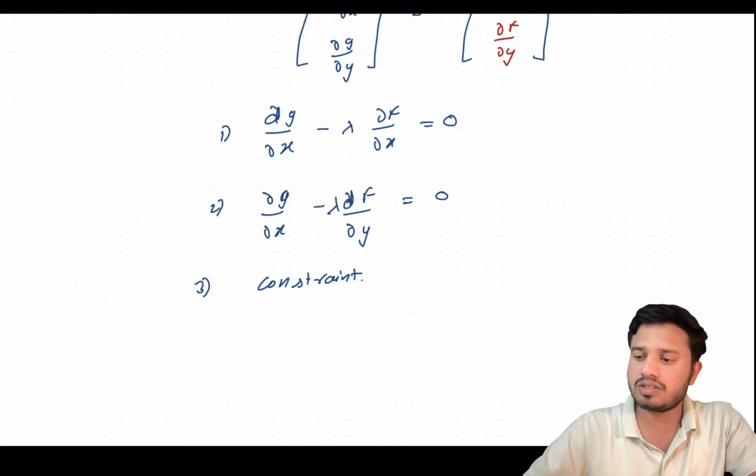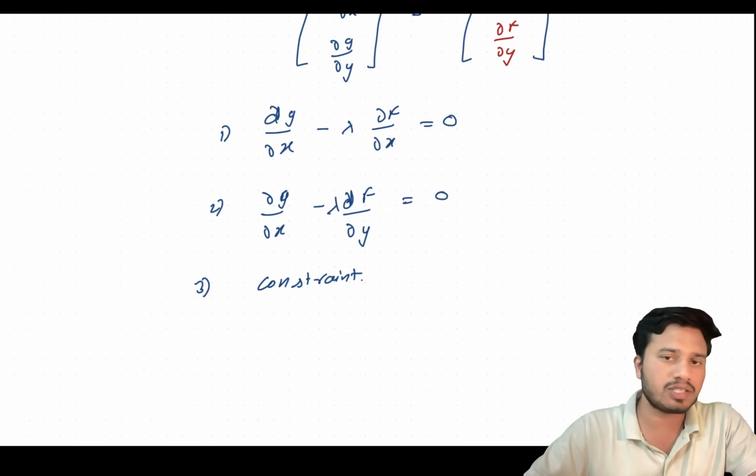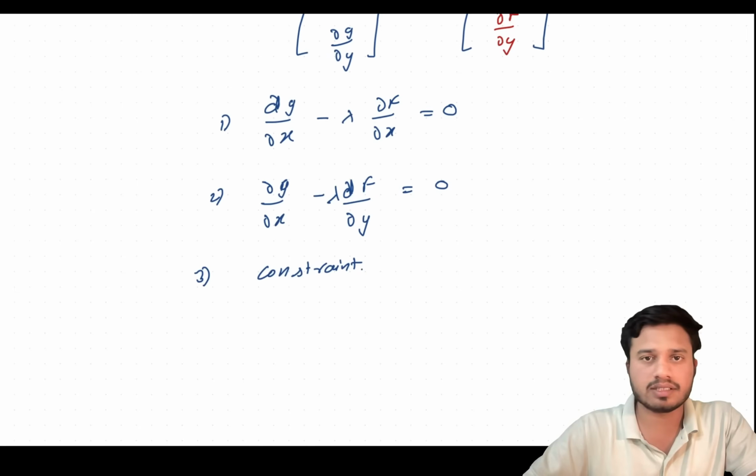Okay, so this method is known as the Lagrange multiplier method to find the maximum.